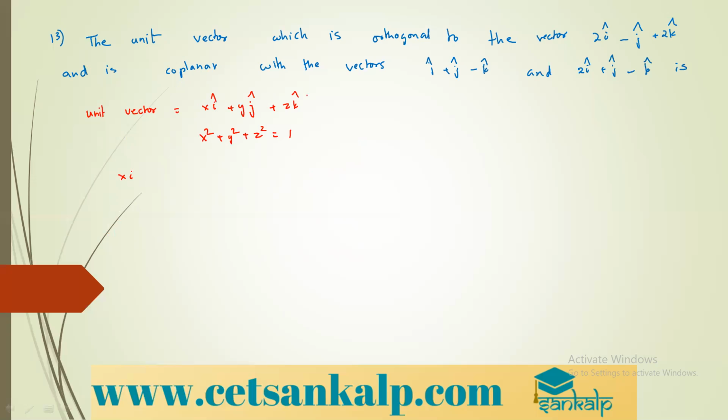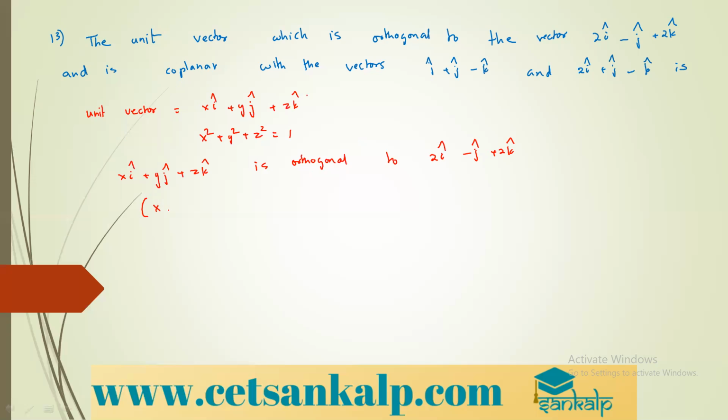Now this unit vector is orthogonal to 2i minus j plus 2k. That means perpendicular.